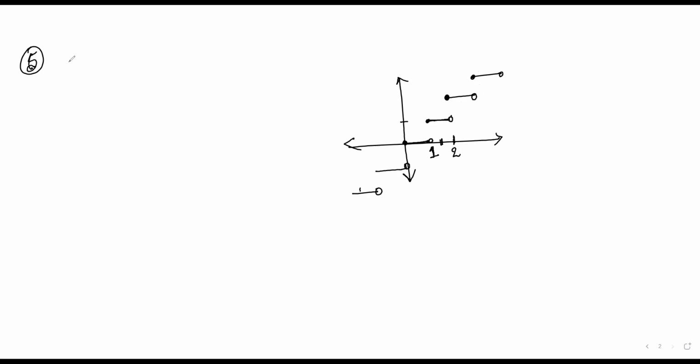So the greatest integer function is not a continuous function, it's discontinuous at all integers.